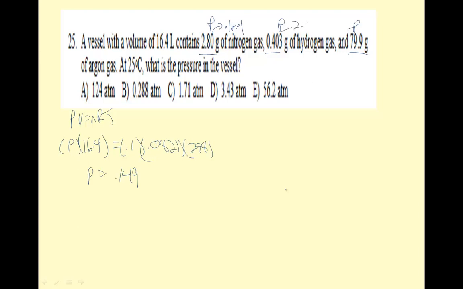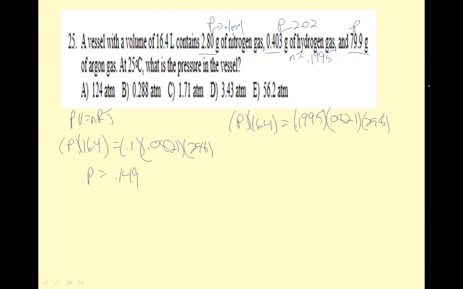Next one is hydrogen. Remember, hydrogen weighs 2.02, so n equals 0.403 divided by 2.02, which is 0.1995. So pressure, volume is 16.4, same container. 0.1995, R is 0.0821, temperature is 298.